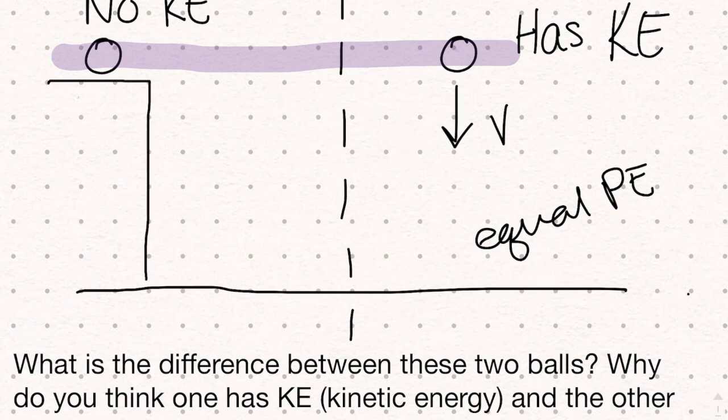However, the ball on the right is moving towards the ground. It's got a velocity arrow, so it has a downward velocity. The other ball does not have any velocity, so it is not moving.